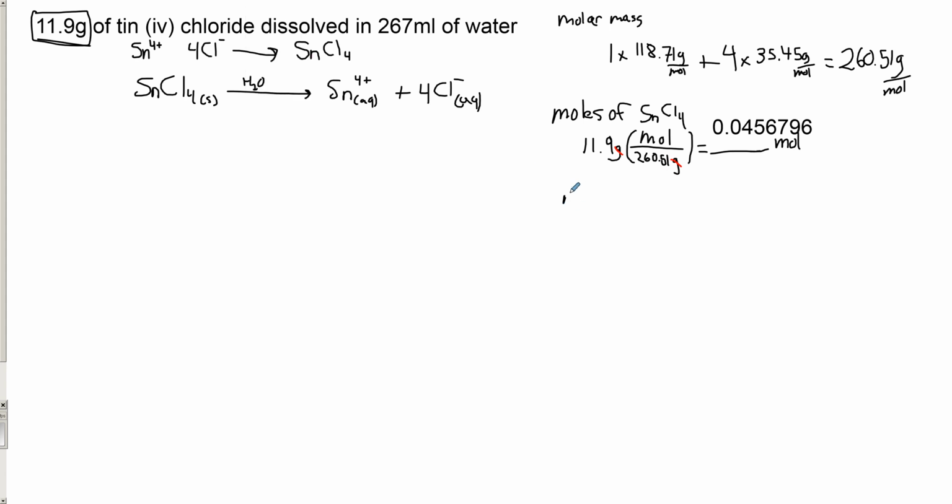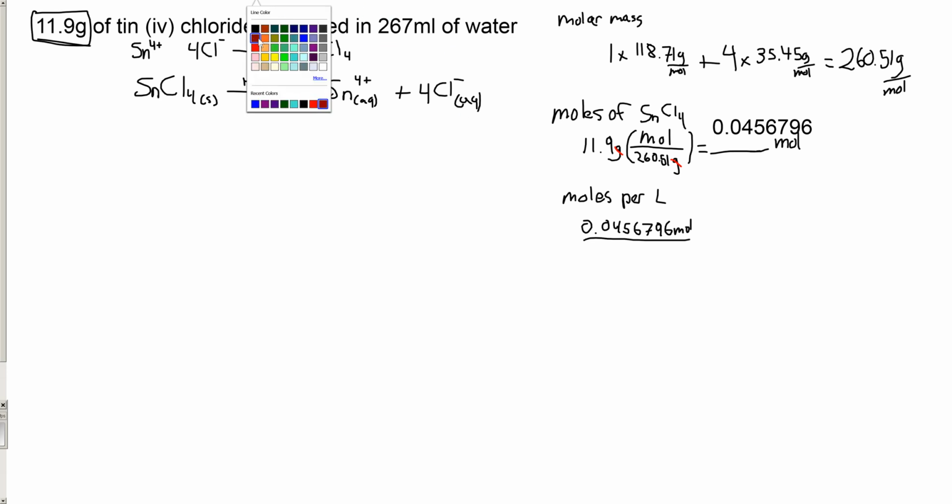So my moles number is 0.0456796 moles. And I need to divide by the liters of water. This is something that students mess up when they're in a hurry. They might just hurriedly write down 267. That's milliliters though. The number of liters there is 0.267 liters, dividing by 1,000.